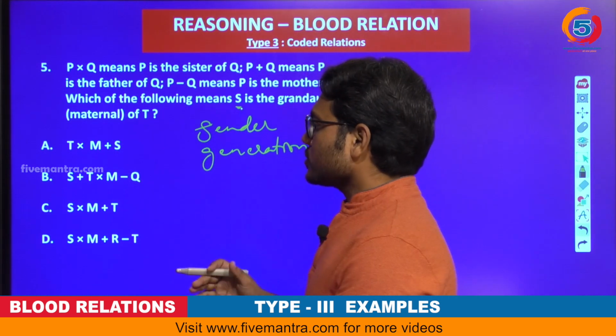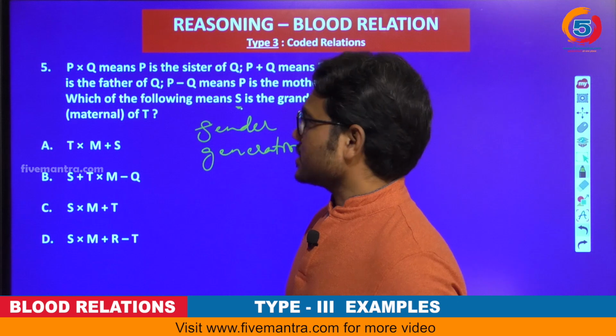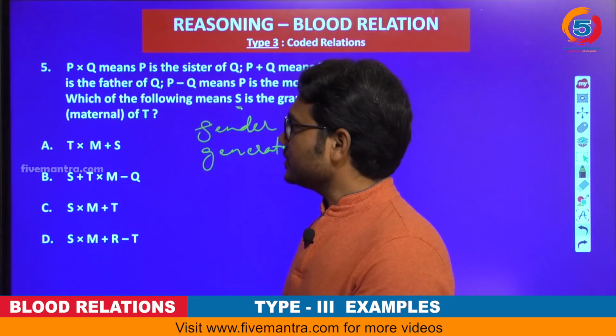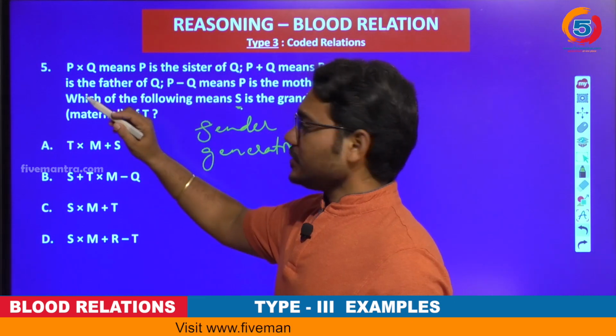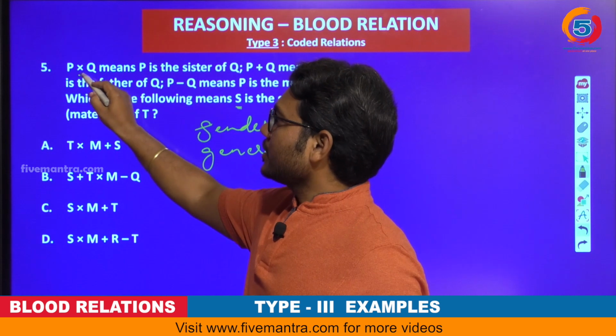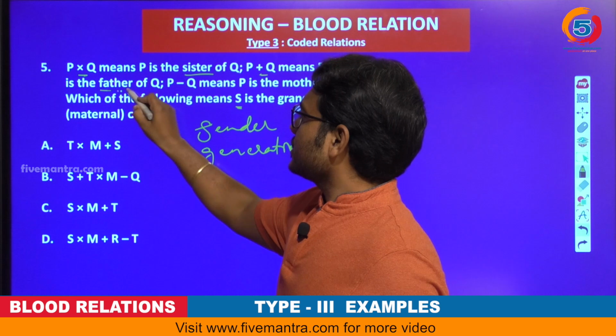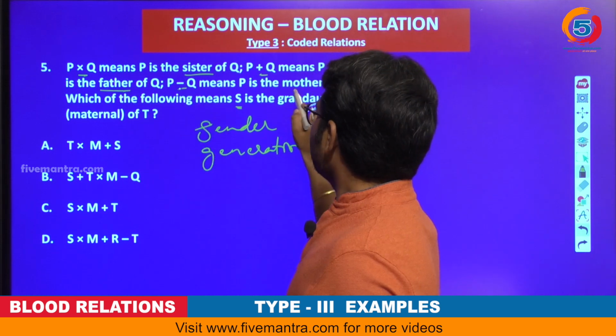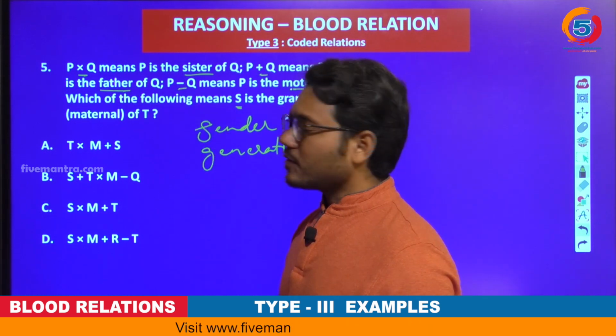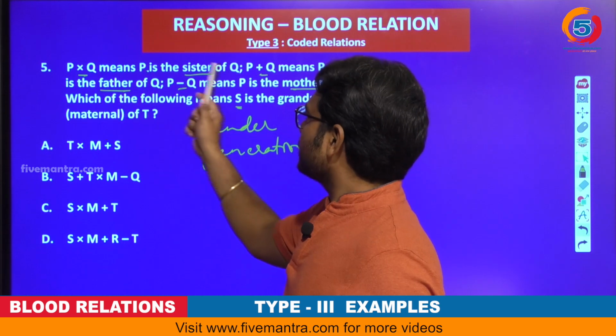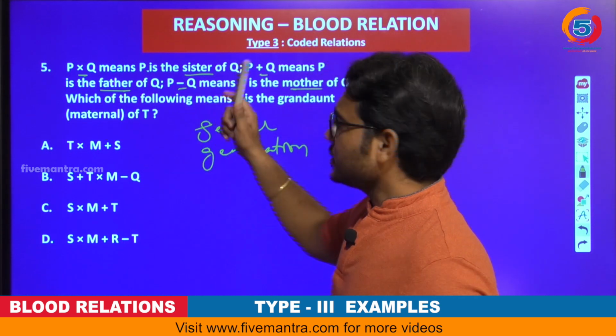Okay, and also as we have been following a sequence, first we need to read out the problem, then identify the codes for relations. Then cross is for sister, plus is for father, minus is for mother, and also check the sequence here. PQ. Okay.